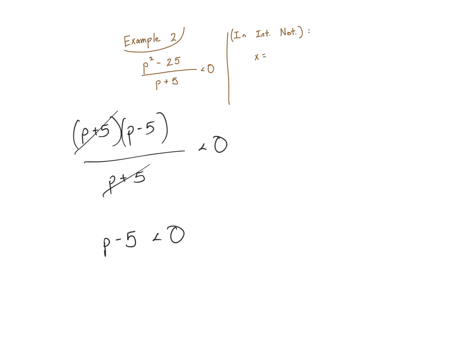Wait, this one is not a quadratic. P minus 5, is there a P squared going on there? No. So the solution for P is just solve for P here. And the answer I'm putting over there, I put x equals, write your answer. It's actually P.